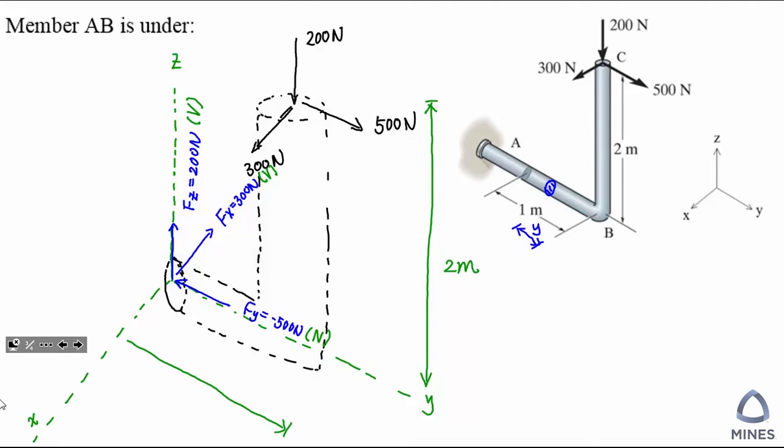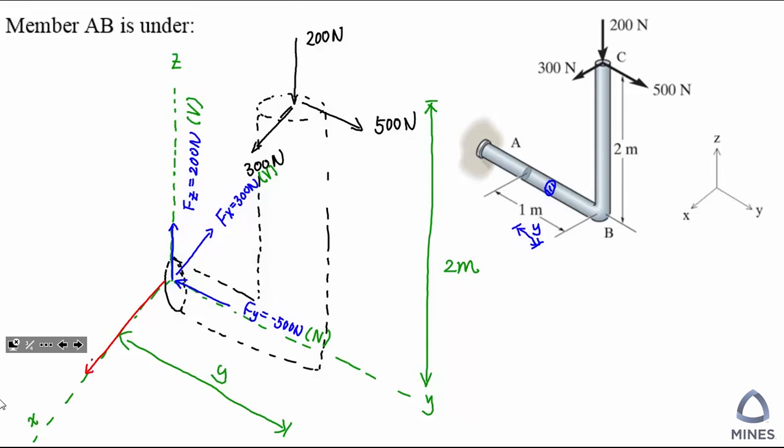So now I would recommend you to use one force and go through every dimension so that you are not going to miss any load, any moment. So we are going to start with the 200 Newton right now. So we can see 200 Newton multiplied by 2 meters, both are parallel to each other, which means they are not going to create any moment. So we are still going to use the 200 Newton, but we are going to use the y distance.